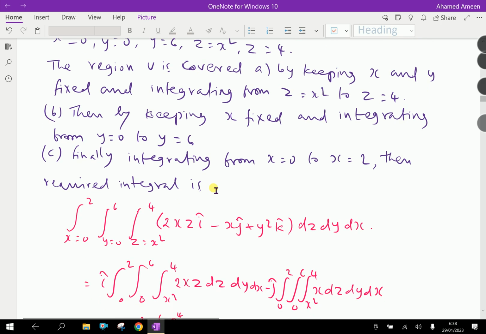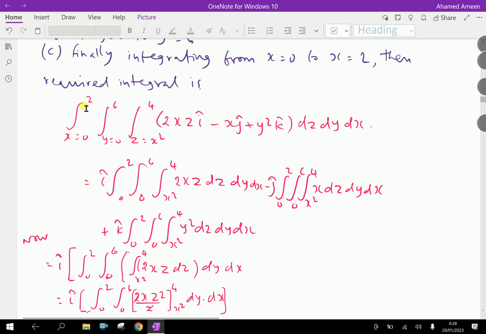The required integral is the outer integral x equals 0 to 2, the middle y equals 0 to 6, and the first integral z equals x squared to z equals 4, of (2xz i minus x j plus y squared k) dz dy dx.